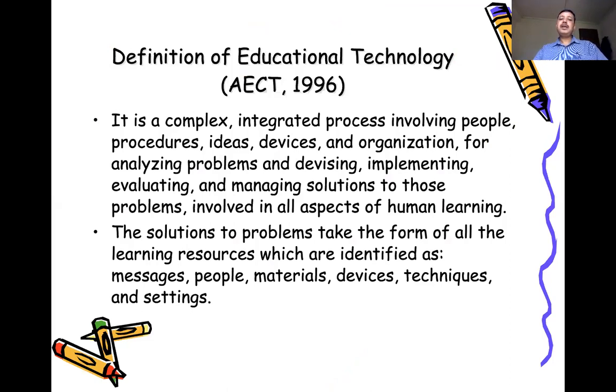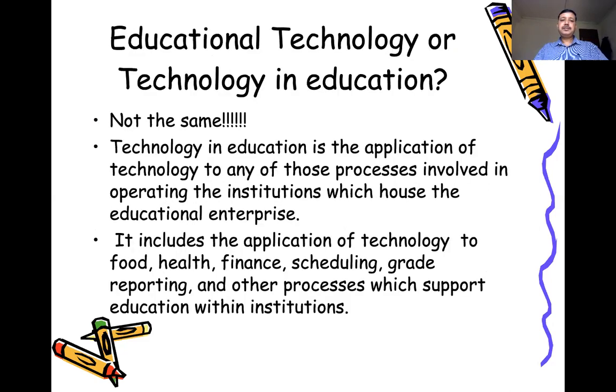Those problems involve all aspects of human learning. And the solutions to problems take the frame of all the learning procedures, which are identified as message, people, materials, devices, techniques, and settings. This is the definition given by AECT in 1996.